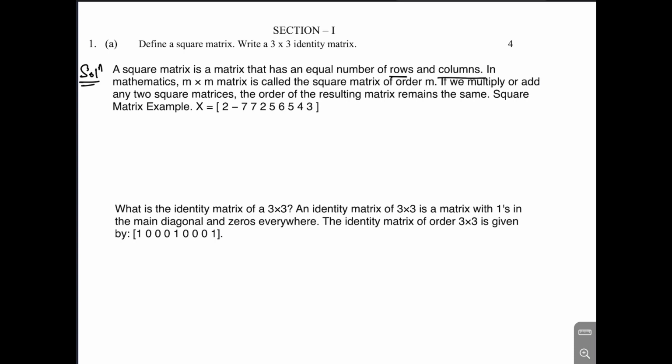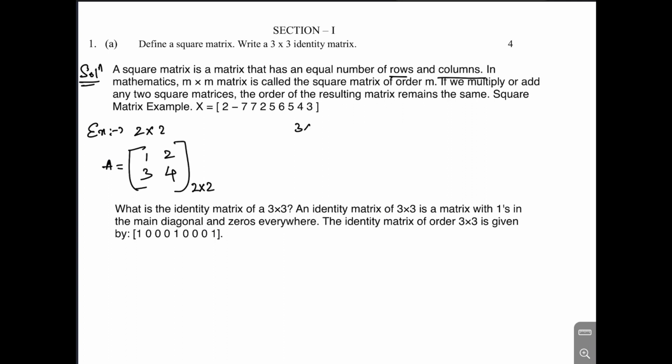Square matrix examples here. Let's try to find out more examples. Let me consider a 2 cross 2 matrix, A equals 1, 2, 3. So it's also one of the square matrices. The order of the square matrix is 2 cross 2.